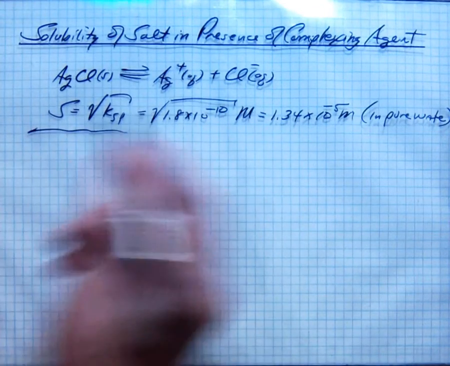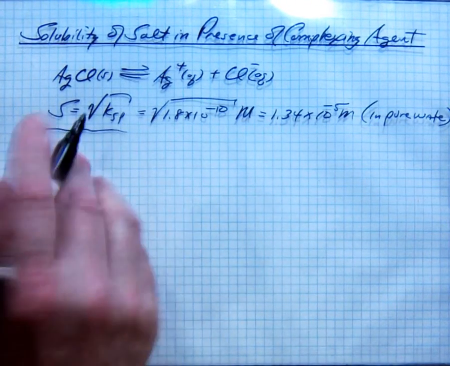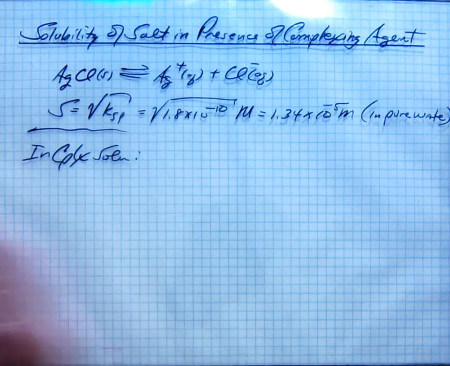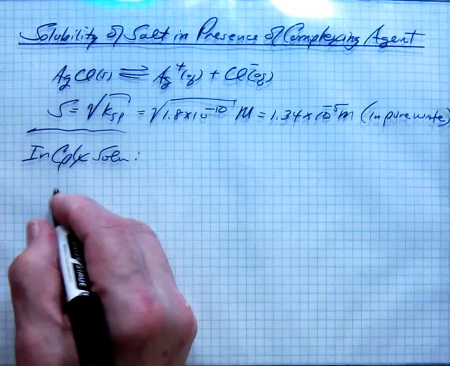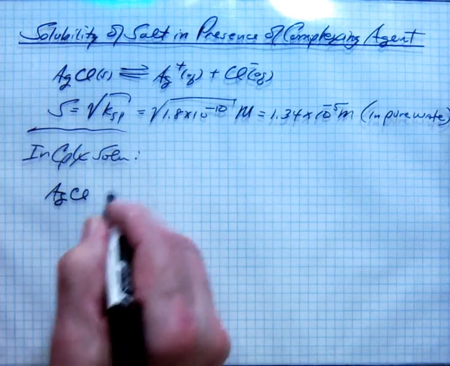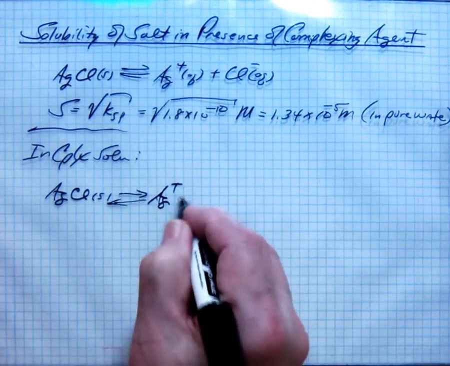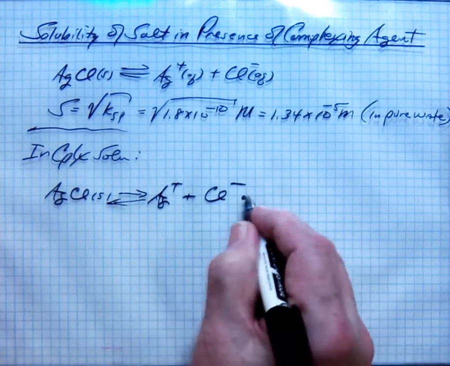Now, in a complexing solution, such as ammonia, if silver chloride is added into water, it gives silver and chloride ions.